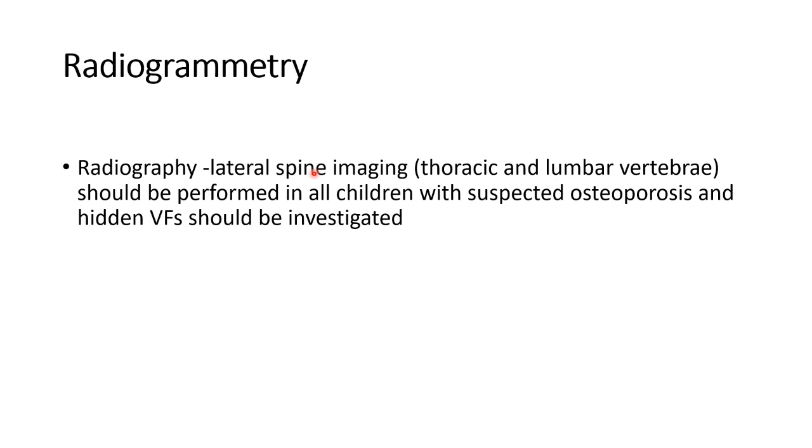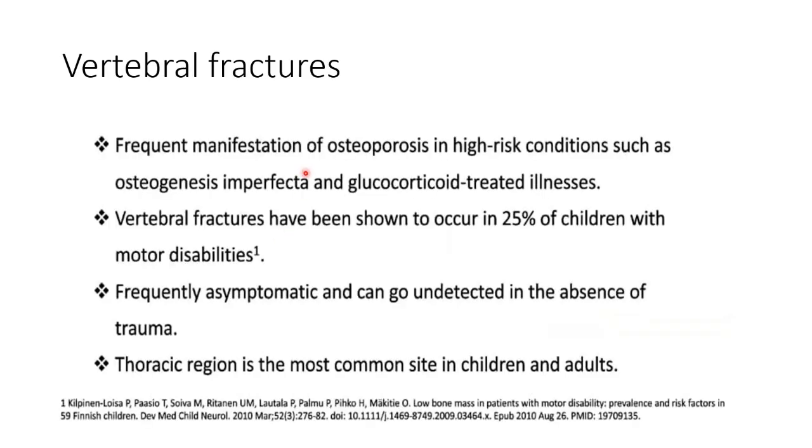As we have discussed, lateral spine imaging of thoracic and lumbar vertebrae should be performed in all children with suspected osteoporosis, as hidden vertebral fractures need to be investigated. They are a frequent manifestation of osteoporosis in high risk conditions such as osteogenesis imperfecta and glucocorticoid treated illness, and in children with motor disabilities it is seen in around 25% of children.